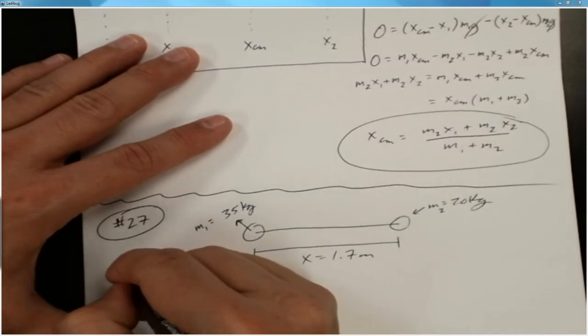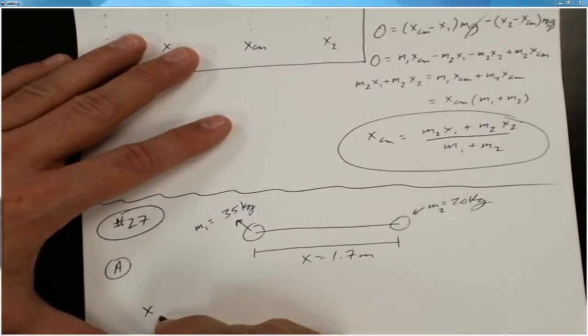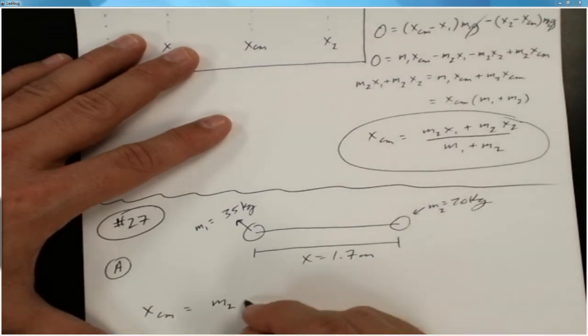So part A, I would say x sub cm is going to be equal to the equation that we derived, which is this.